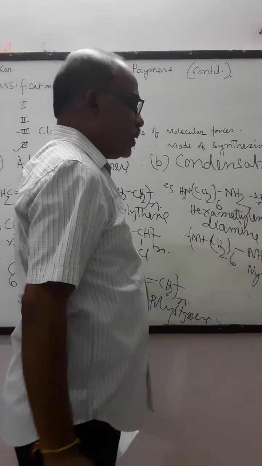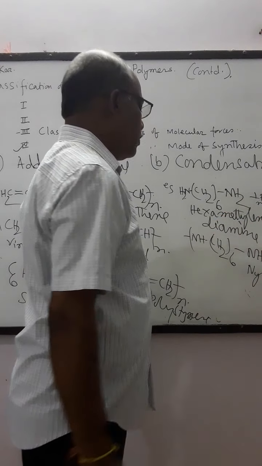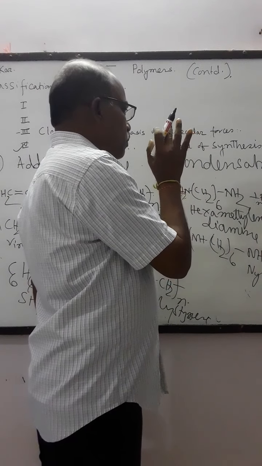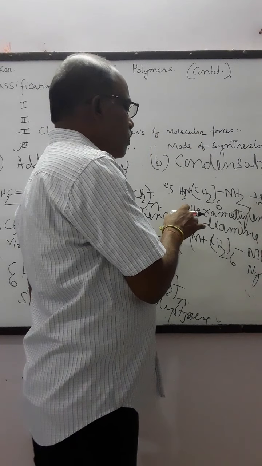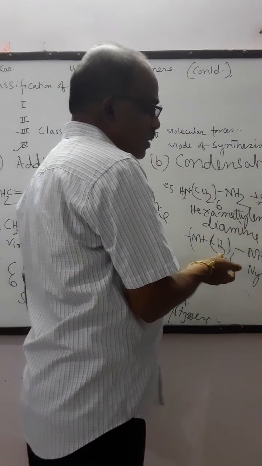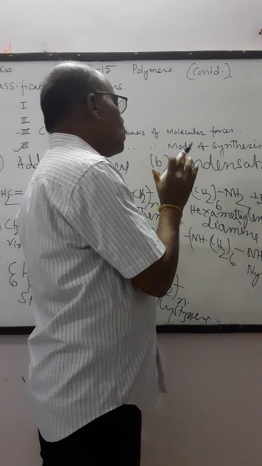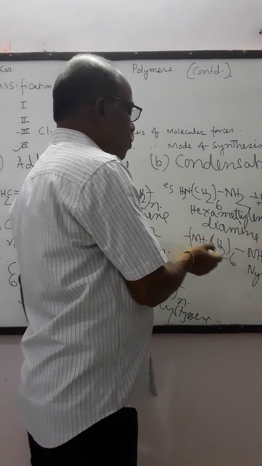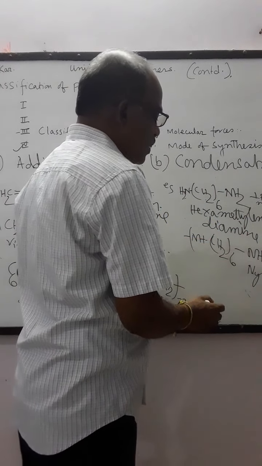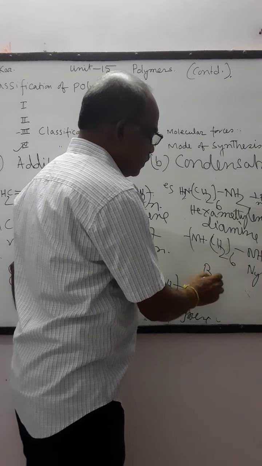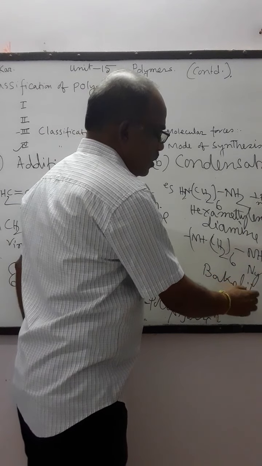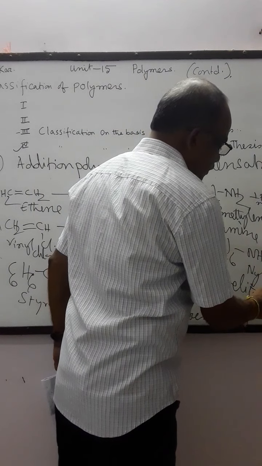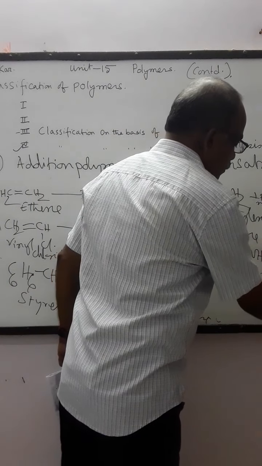This one also contains 6 carbon atoms. So it is called nylon 6,6. So condensation polymers are polymers formed from two or more monomeric units, and monomeric unit must contain bifunctional or trifunctional group. One example is nylon 6,6, second example is bakelite, third example is terylene.